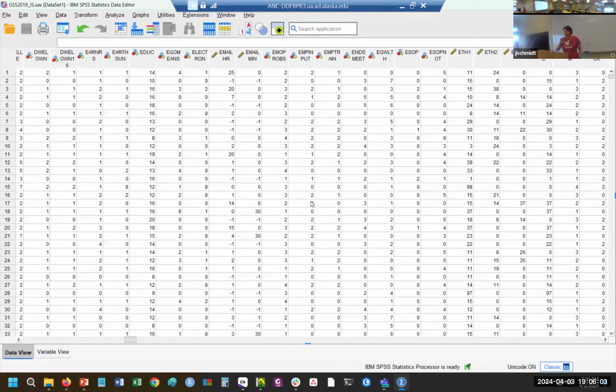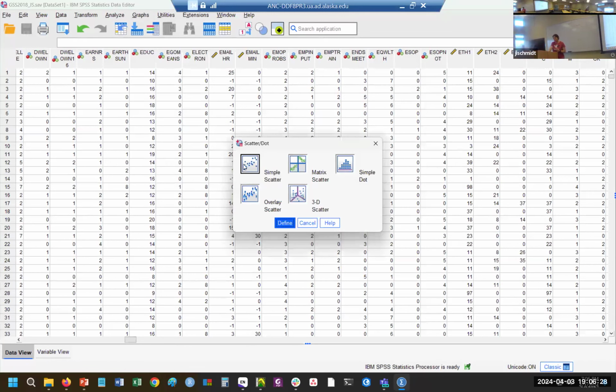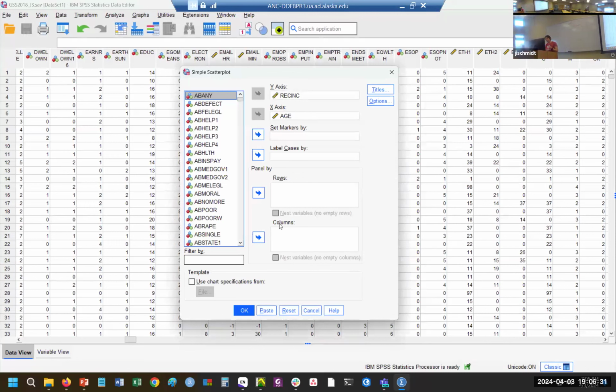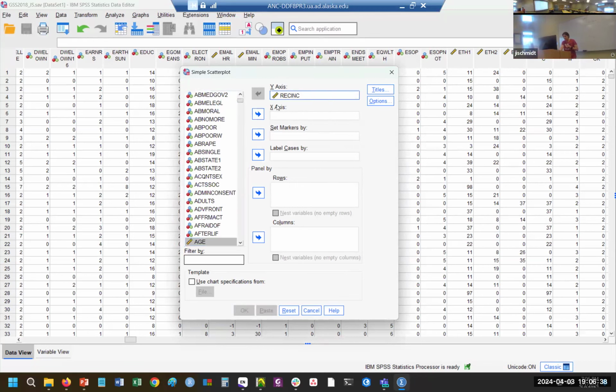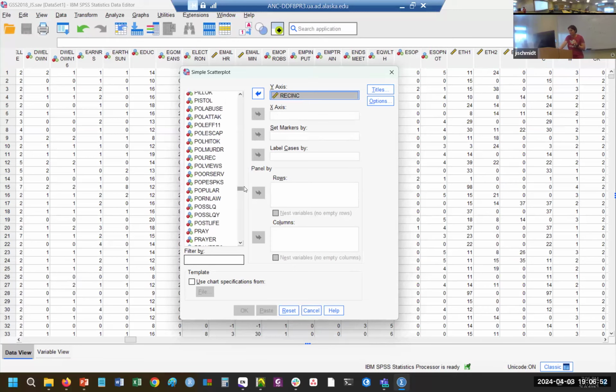All right, so while we're dealing with this, let's go back to that scatter plot. I want you to make a scatter plot of education, so education on the X, and I want the income on the Y. Your income should be the Y and your education should be the X. Sorry if I reversed that.